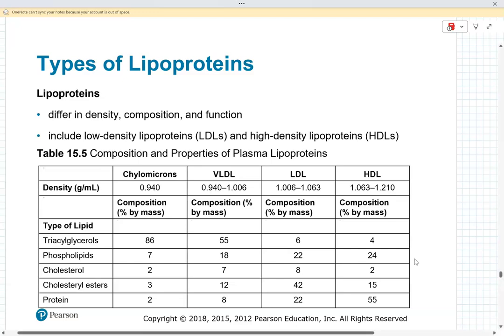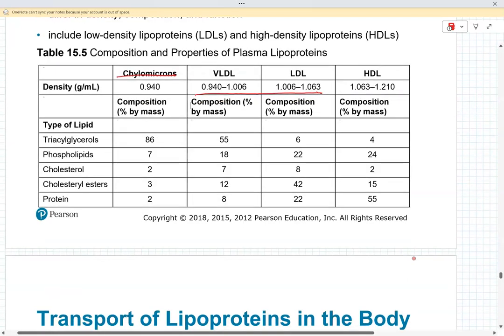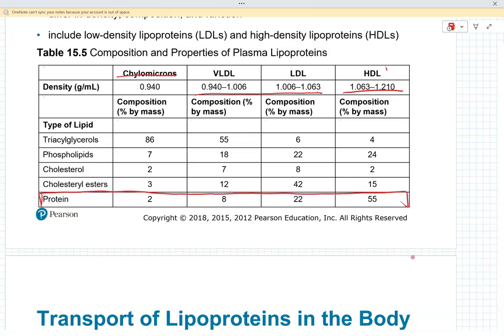So now we're going to skip chylomicrons. I just don't want to talk about them. When you look at VLDL and LDL, this shows you the density. You can see that the density of VLDL and LDL is lower than that of HDL. Why? I'm going to highlight this bottom part.